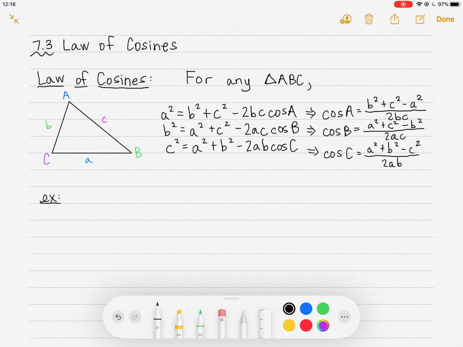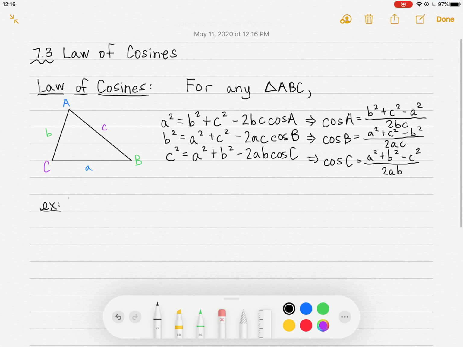Okay, so example number 1. We want to find all the missing parts of triangle ABC.